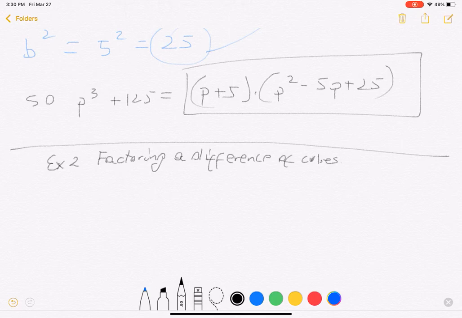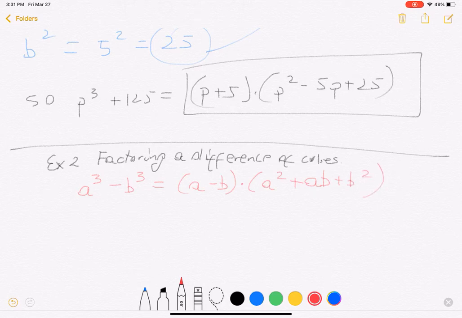Okay, so we're going to work with the formula a to the third power minus b to the third power. It's the same as a minus b times a squared plus ab plus b squared.